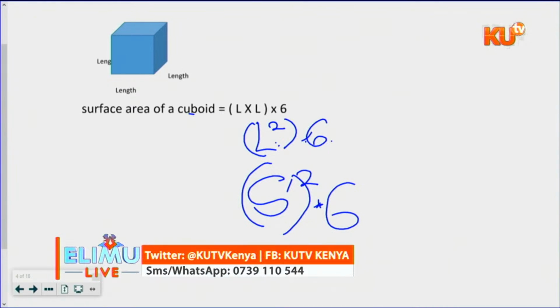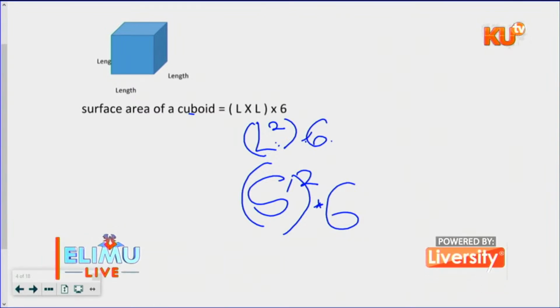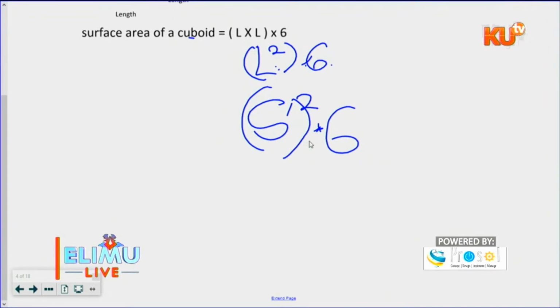So these are the 3 formulas you can get. Length times length, then we multiply by 6. Length squared, then we open the bracket by multiplying by 6. Side squared, we open the bracket by multiplying by 6.